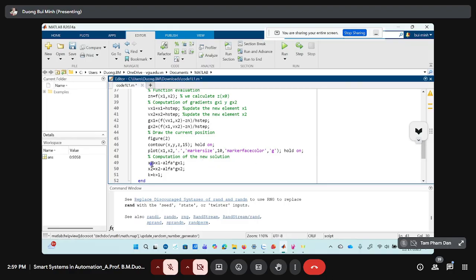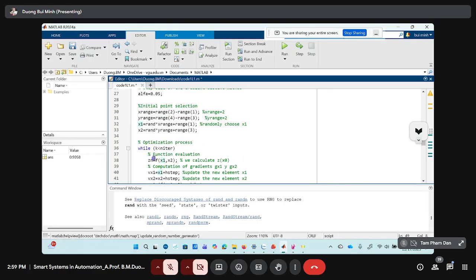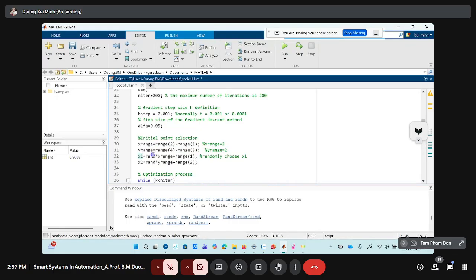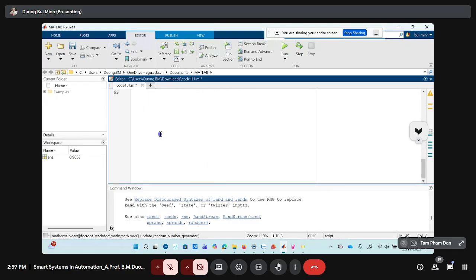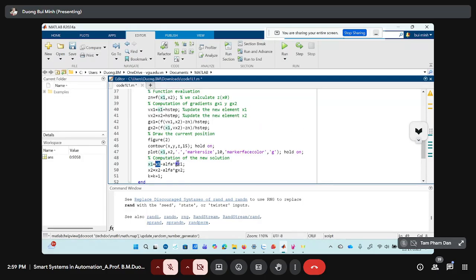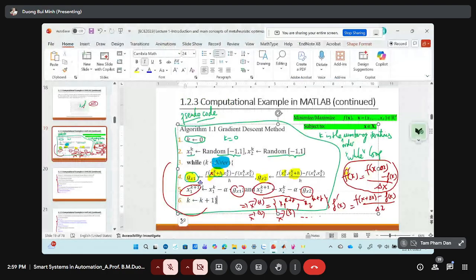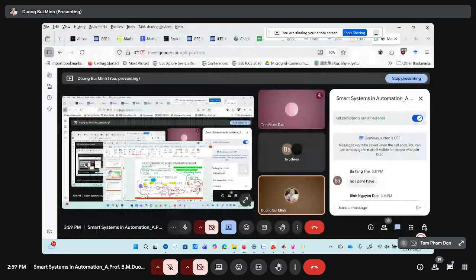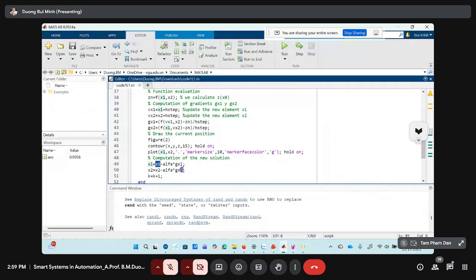That means x1 new is x1 out, the initial position. So x1 new is x1 out minus alpha times gx1. Yeah, we update.